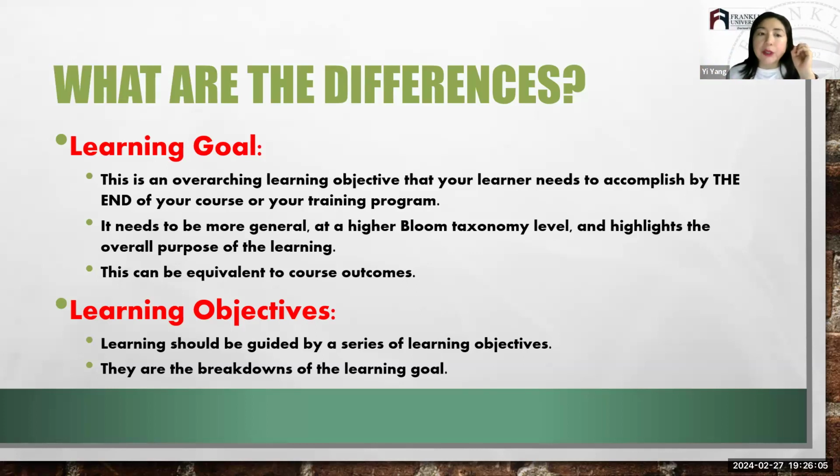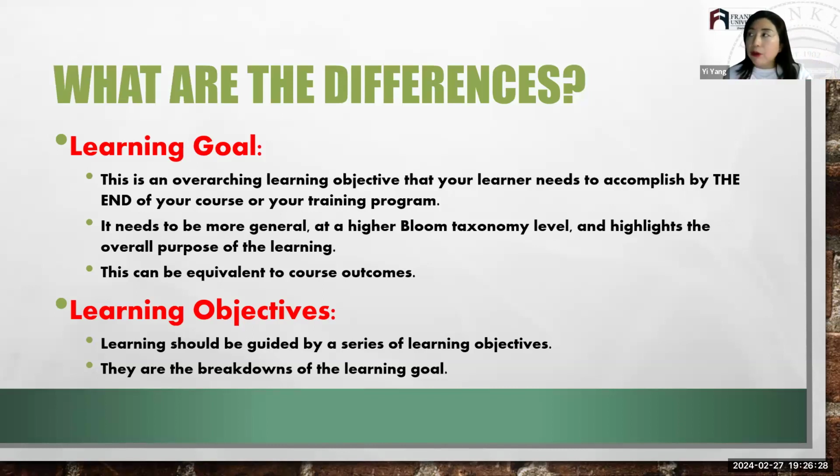For that, a learning goal must be general. You can't say a learning goal for this course is a specific task. It has to be general, overarching, and the learning goal needs to be written at a higher Bloom taxonomy level.